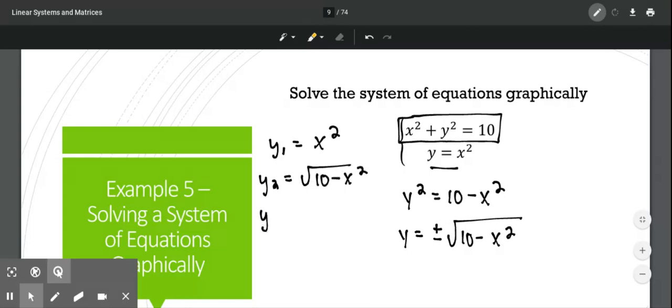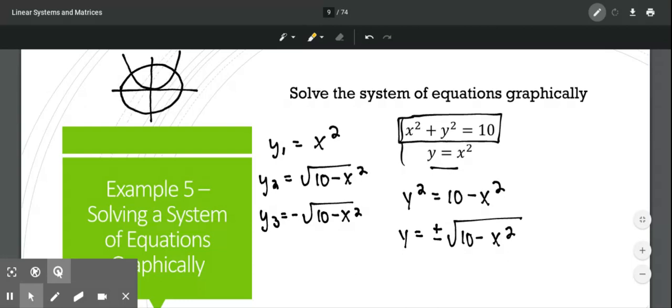And in your y3, you're going to plug in the negative square root of 10 minus x squared. And you end up getting a graph that looks like a circle and then a parabola is what happens.